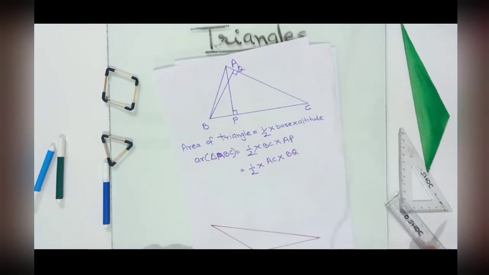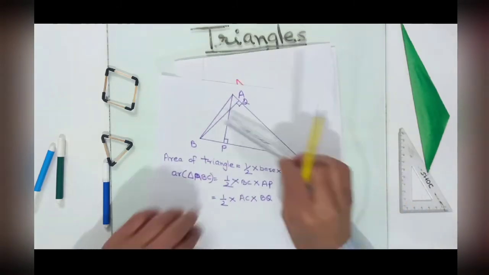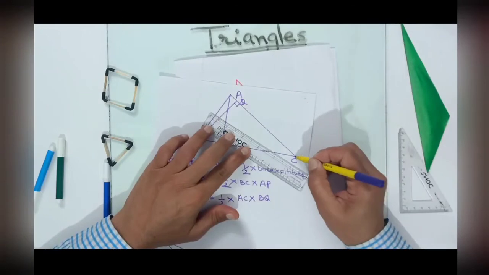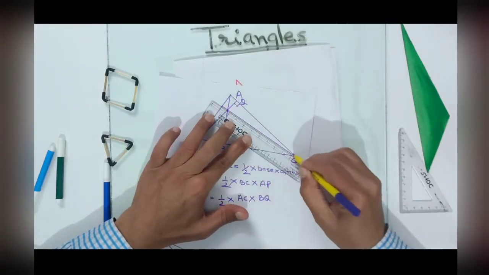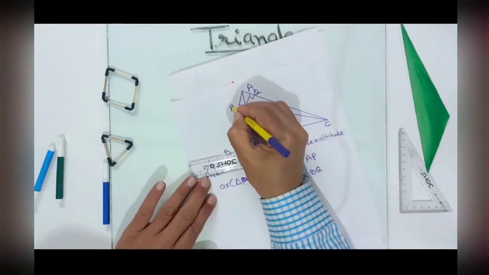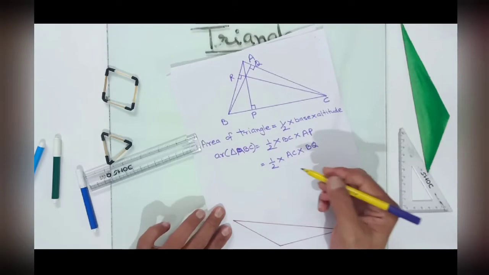And in the same way, if I consider AB as the base, in that case the perpendicular would be this one. So suppose this is R and it is the perpendicular from C to side AB.